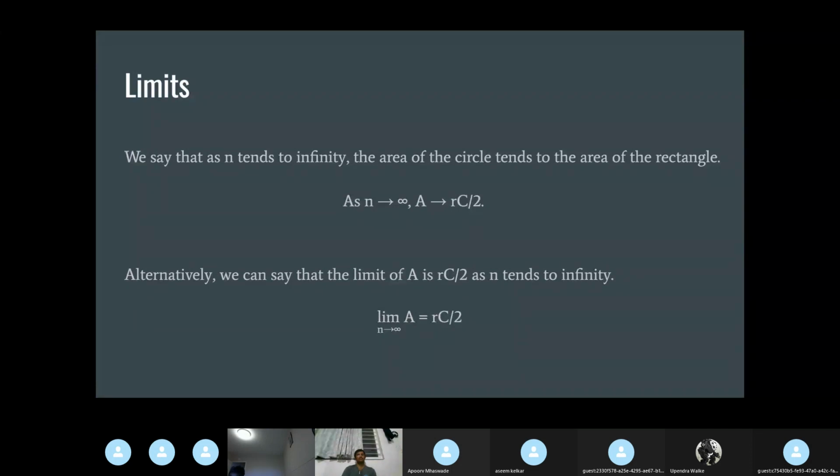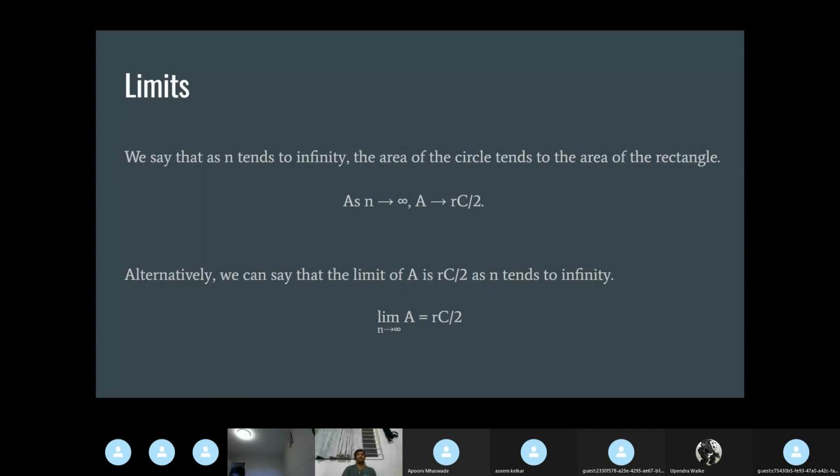And you can see at the bottom, that's one way to write it: the limit as n tends to infinity of A is equal to πr²/2. Both of these mean the exact same thing, two different ways to write it. The way on the bottom is definitely more common, but the way on the top is not really wrong.